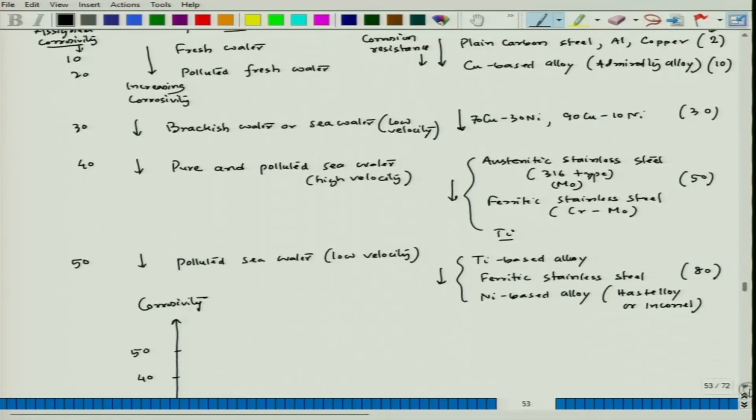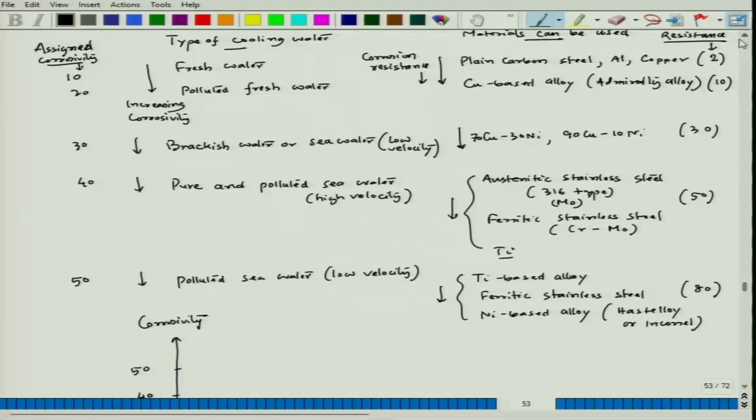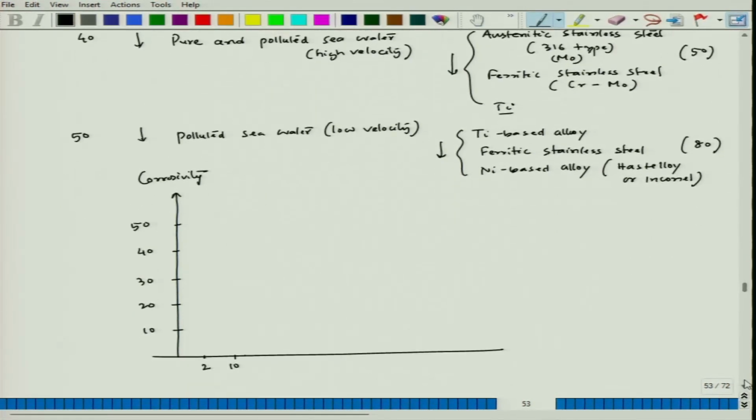The first number we have put is 2, then the second number I have put is 10. Then the next number is 30, the next number is 50 and the final number is 80. So these are corrosion resistance.